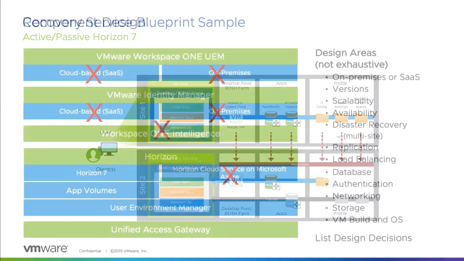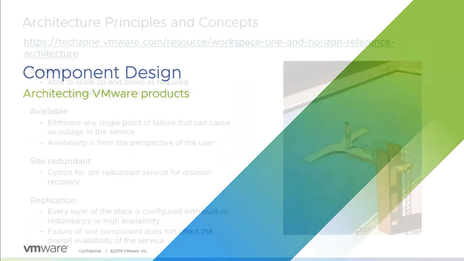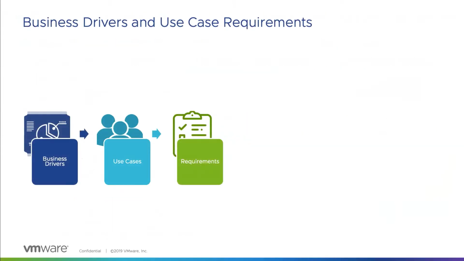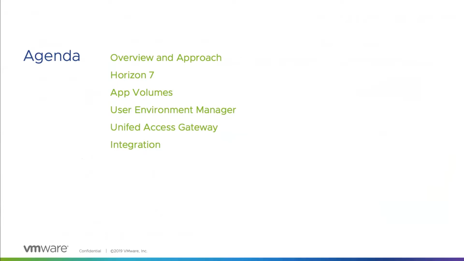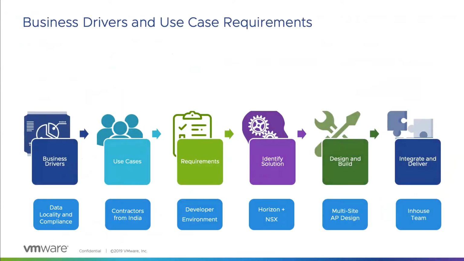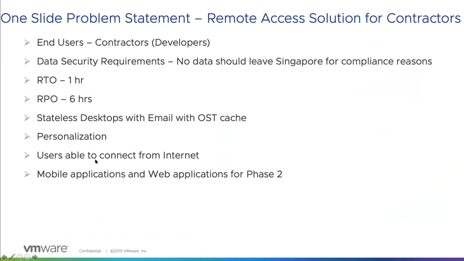So in our business requirements, we had mentioned that one of the business use cases for writable volumes is that users have OST, right? So let me go to that slide. It says here, users have OST cache. So let's assume that you have a 20 GB email cache.